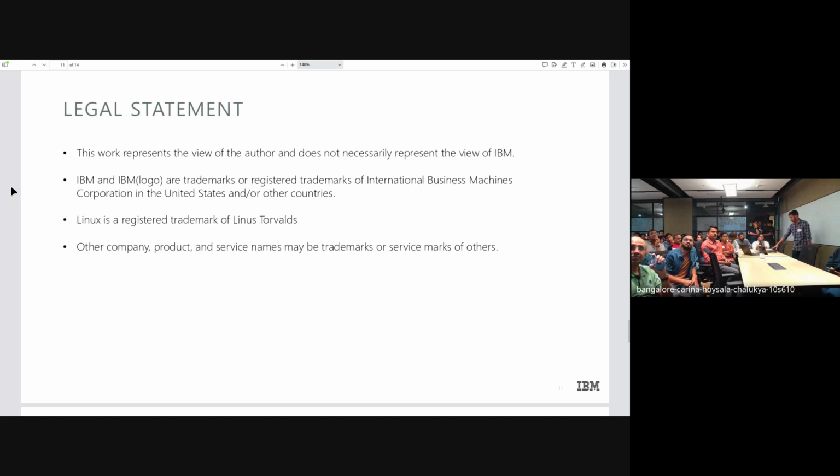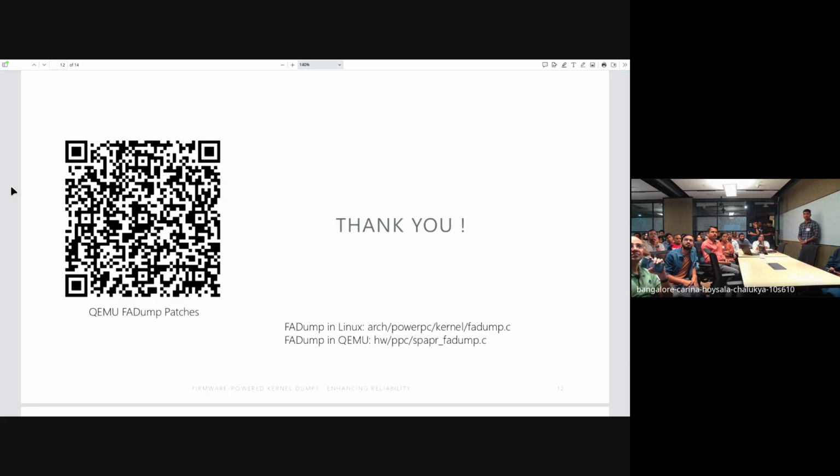I end my presentation. This is the typical legal statement. In my presentation, I have added support for FADump in QEMU and some firmware bits. You can see these to see what can be implemented on the firmware side. For the kernel part of FADump, there is the file powerpc/kernel/fadump.c.